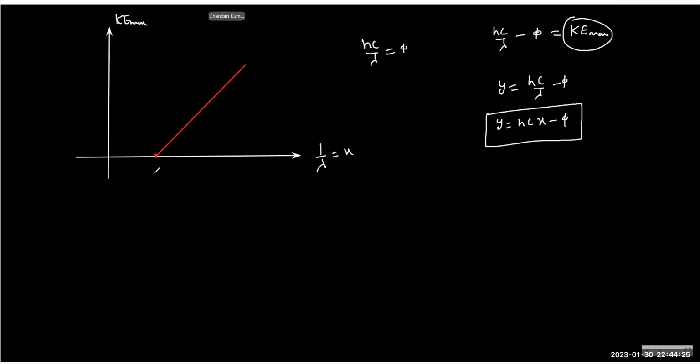And what this representing? 1 by lambda maximum. So this is 1 by lambda max, because as lambda will grow, 1 by lambda will decrease.